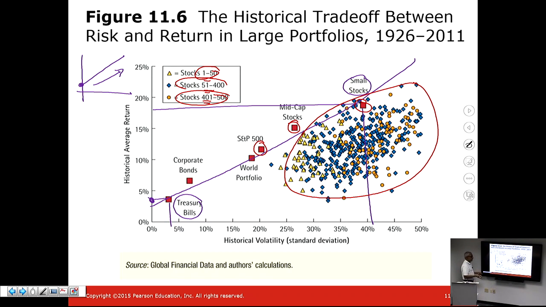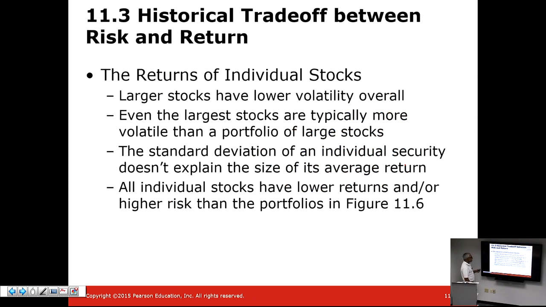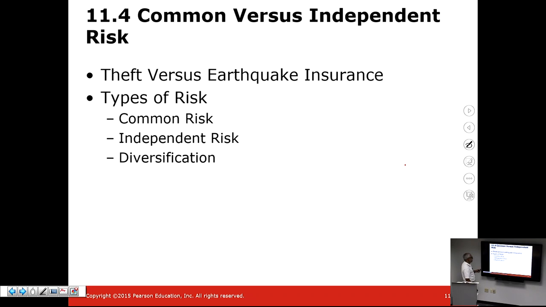Another way of saying it is that the total risk of each stock over here, whether they are the yellow triangles or these blue diamonds or these yellow circles, the individual stocks, the riskiness of those individual stocks is made up of several things.